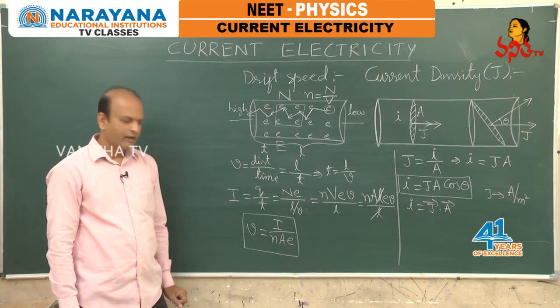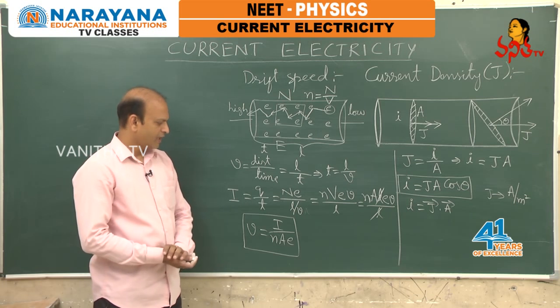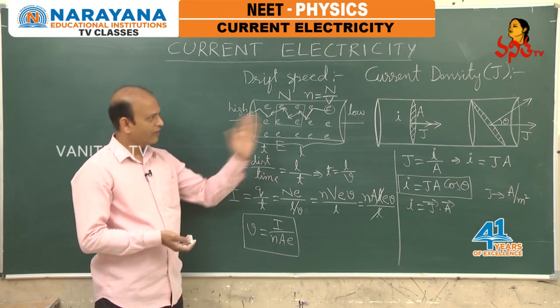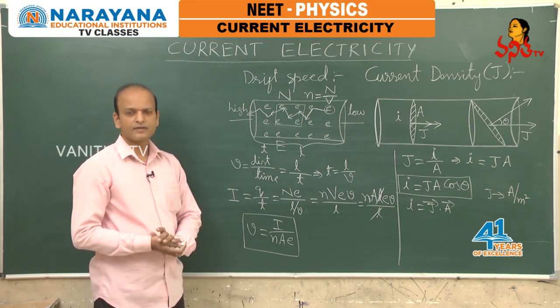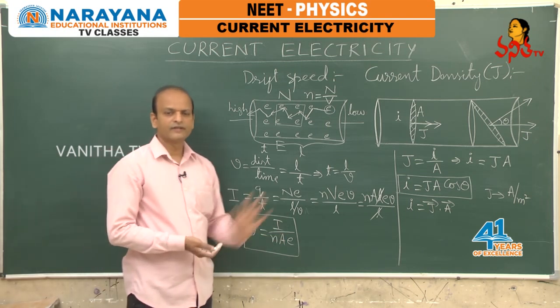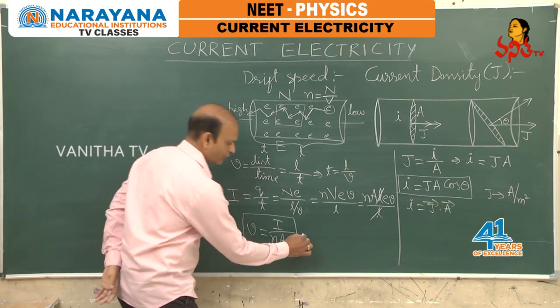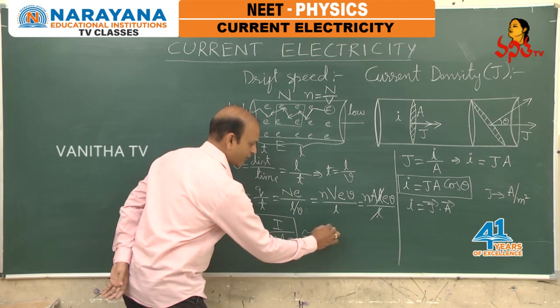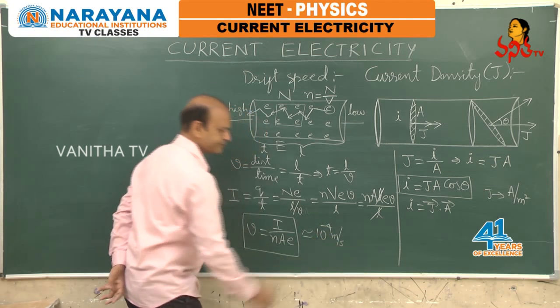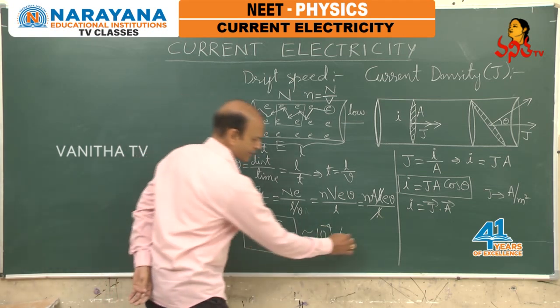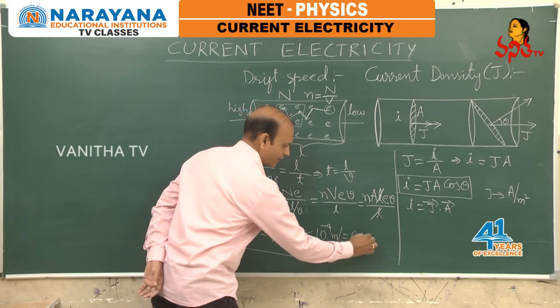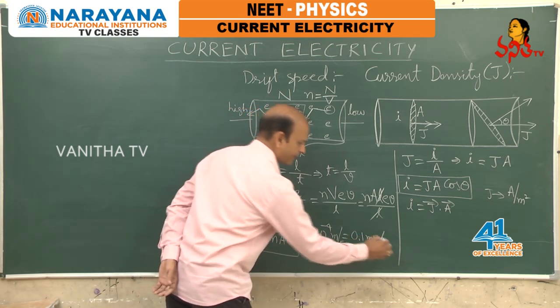And here, when we observe the drift speed of these electrons, the value of this drift speed will be almost 10 to the power of minus 4 meter per second, means 0.1 millimeter per second.